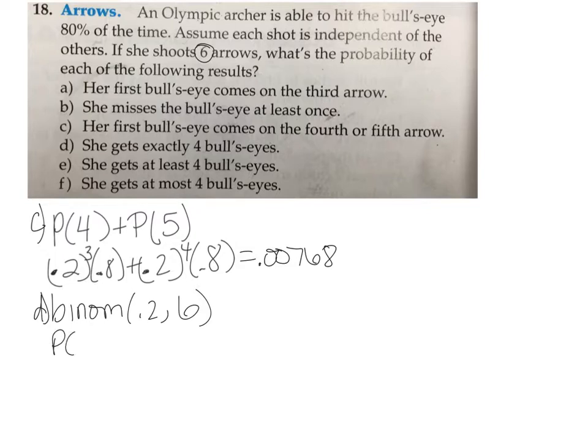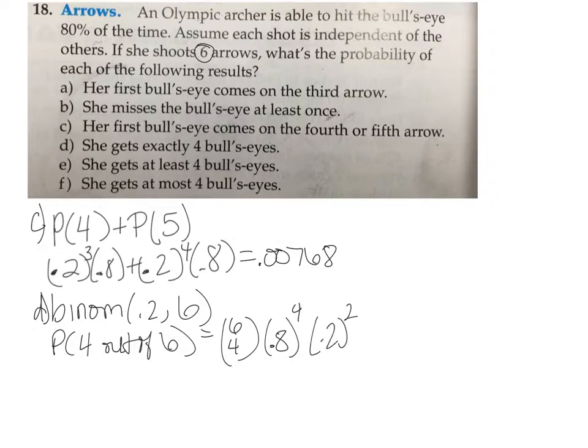That's the probability of 4 out of 6. So if I'm going to do this by hand, it's 6 choose 4, and then 0.8 to the 4th and 0.2 to the 2nd. So our exponents add to the 6 trials.